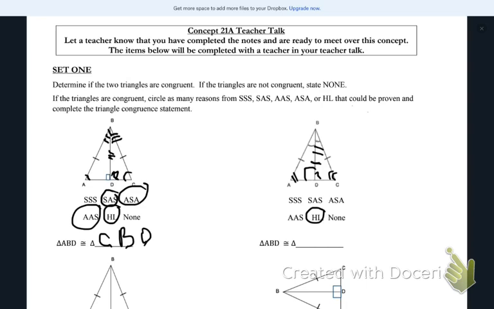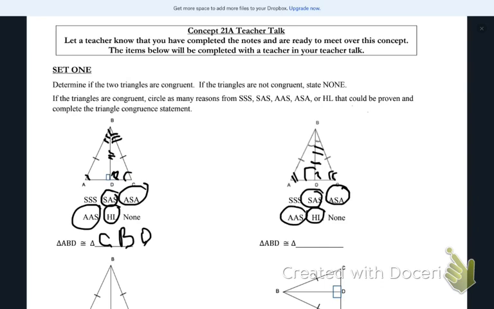You can go ahead and say you have side, angle, side, a side, an angle right here, and a side. You have angle, side, angle, an angle, a side, and an angle. And you even have angle, angle, side, an angle, and a side, right?